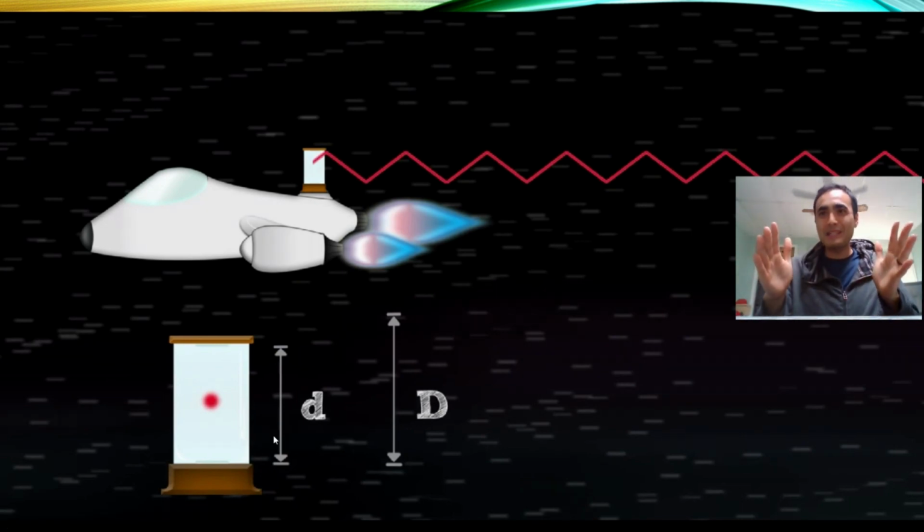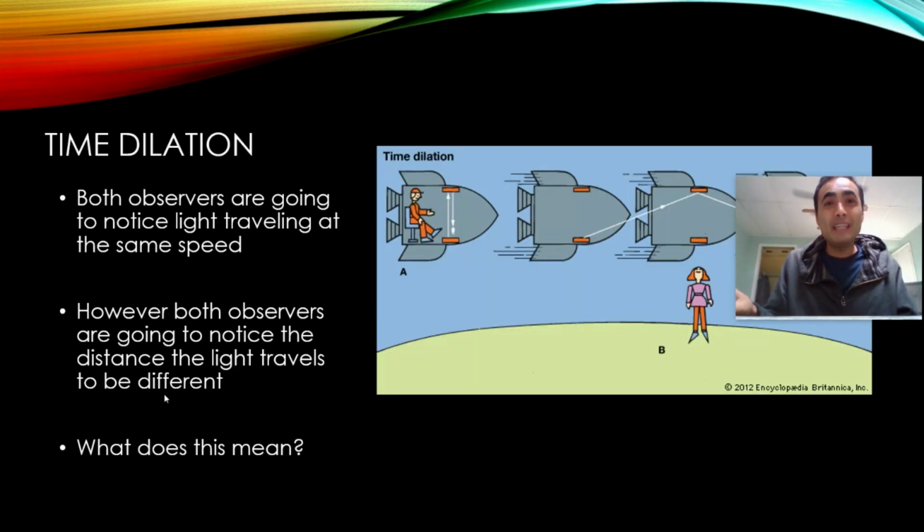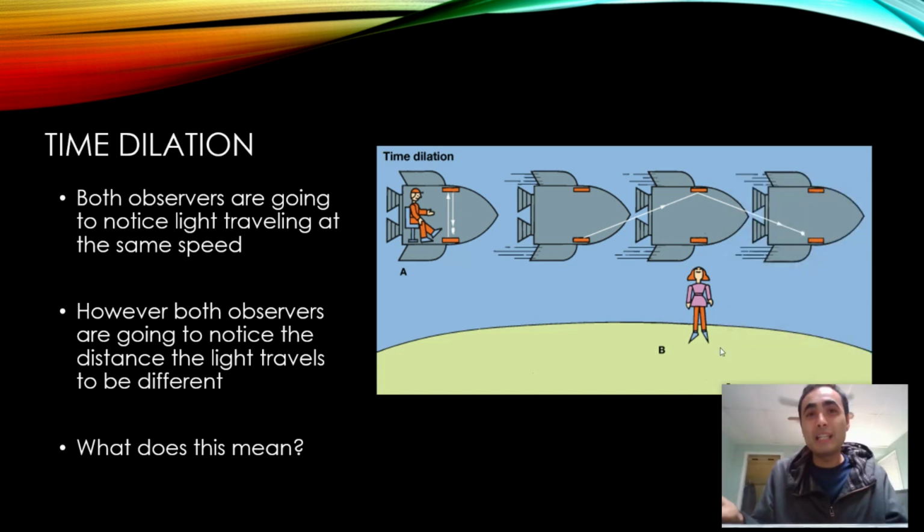I know that's a bit complicated, so I'm going to go through that one more time in another picture. Here we see the person in the jet plane seeing the beam go up and down like this, and it takes 1 second. However, the person who's not moving sees the beam go all the way here and all the way there, so it travels a lot longer. However, the speed is the same; the distance that light travels is different.